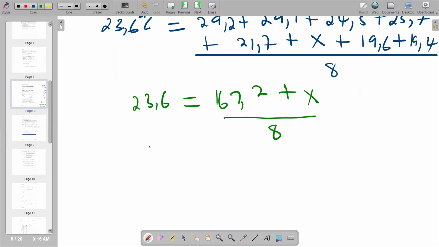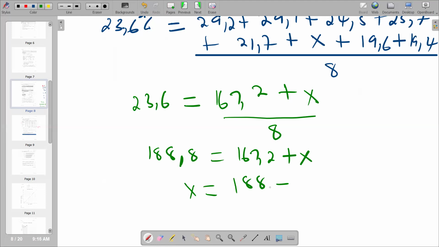You're going to get it as 188.8 equal to 167.2 plus X. Then you make X the subject of the formula, it becomes X equal to 188.8 minus 167.2. And then you're going to get your answer is 21.6.